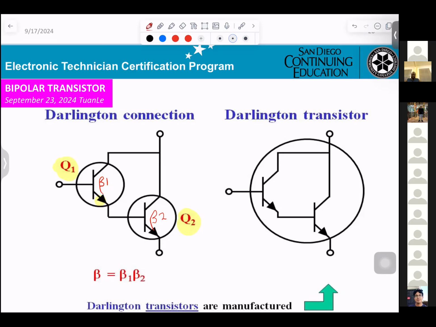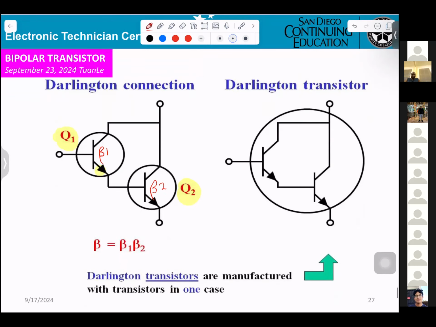Get the first transistor connected so you get a Darlington connection, or you can buy one IC. They already built it inside. Darlington transistors are manufactured with the transistors in one package. That means they put everything into one package.